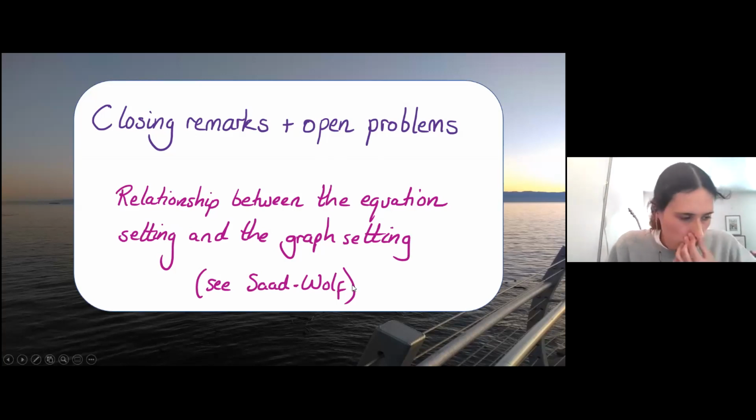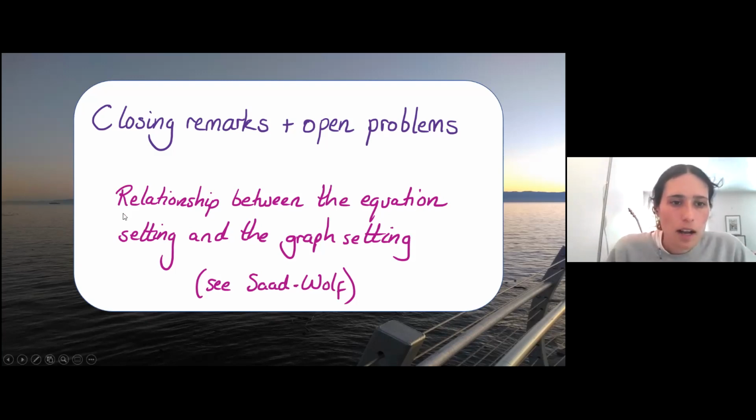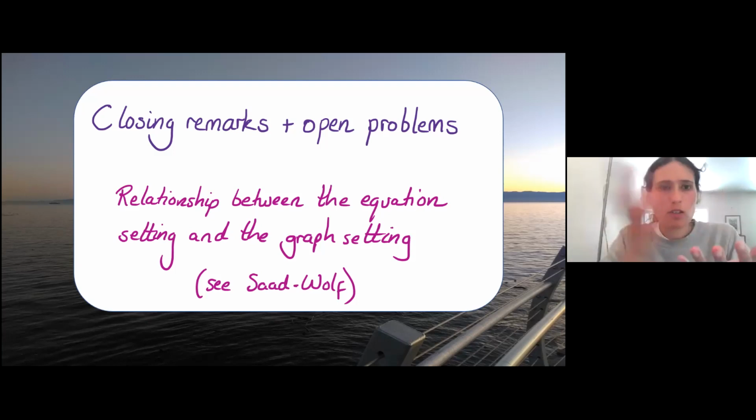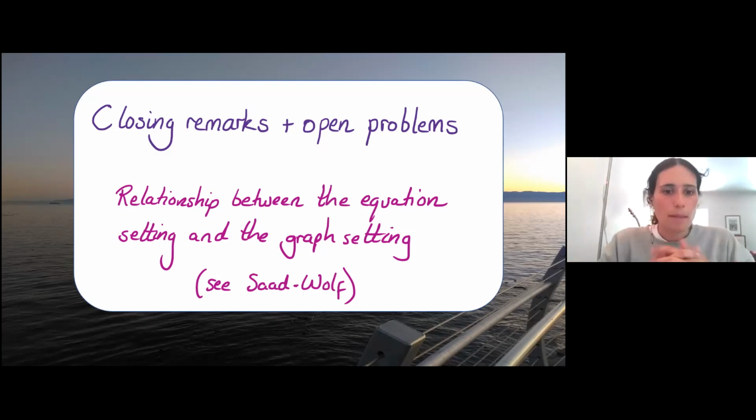In the Saad and Wolf paper, they have a kind of nice discussion about some particular sets of equations that correspond to some particular graphs. But I don't think there's a general correspondence between these things. It might be the case that there are a few very special things that could happen.